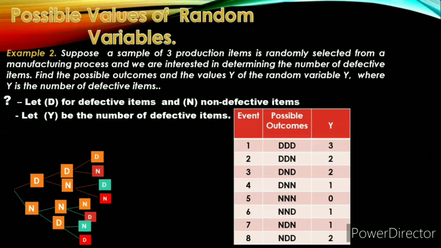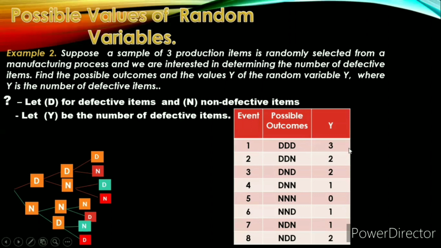Okay, so the question is, we are going to find out the number of defective items in each event. So for the first event, we have D, D, D. Ilan ang defective items diyan? Magkakaroon po tayo ng tatlo.